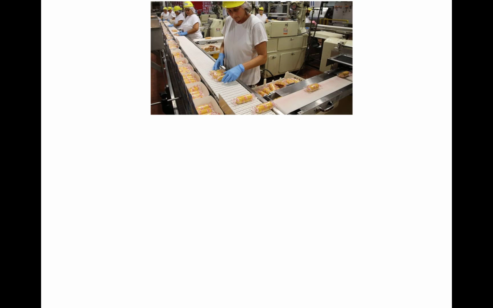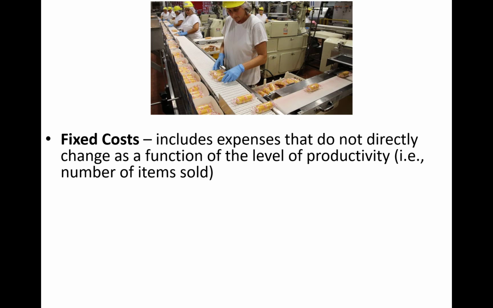And just as an illustration of a couple of vocabulary items, let's consider the case of what if you were operating a business where you were making Twinkies. And this is a useful illustration because making Twinkies would have both fixed costs and variable costs. And so the fixed costs would be those expenses that are associated with just having the building, having the equipment, and it isn't necessarily related to how much of the thing you're making.